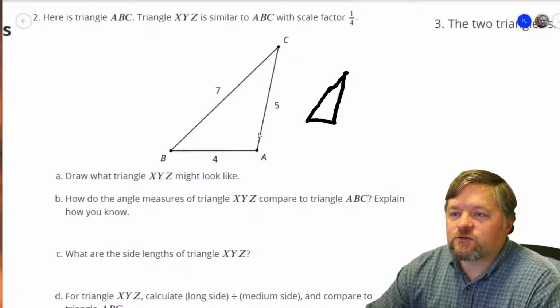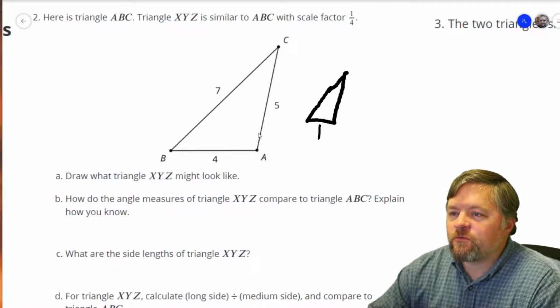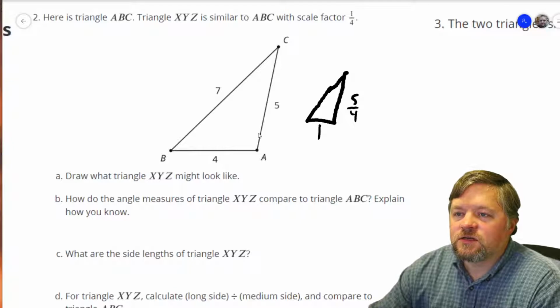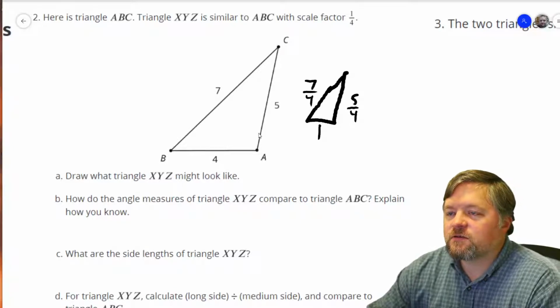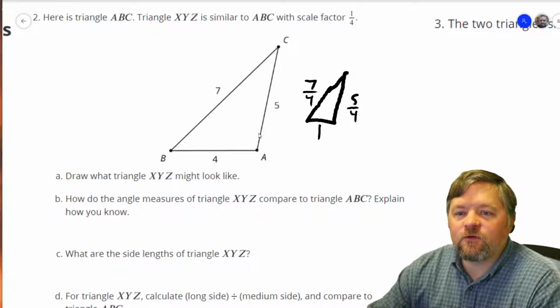So the bottom, which was 4, 4 times 1/4 is 1. 5 times 1/4 is 5/4. 7 times 1/4 is 7/4. That could also be 1 1/4, and that could be 1 3/4.